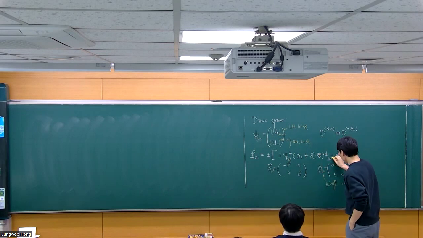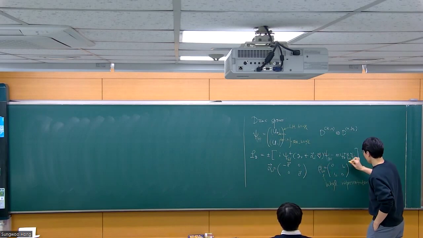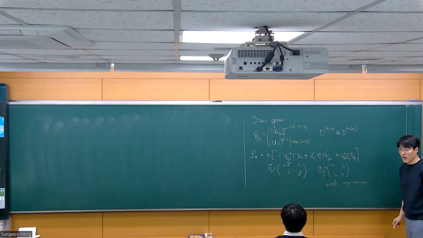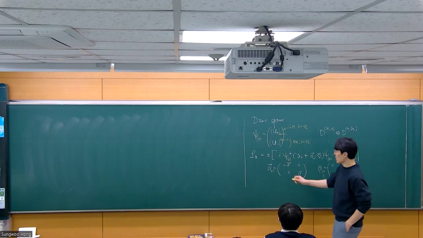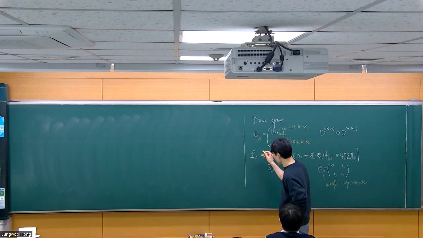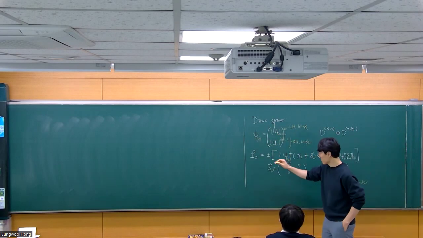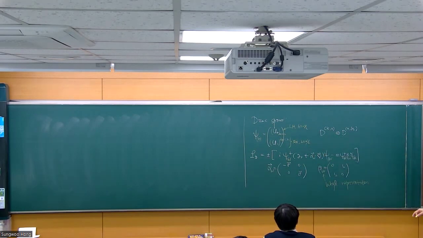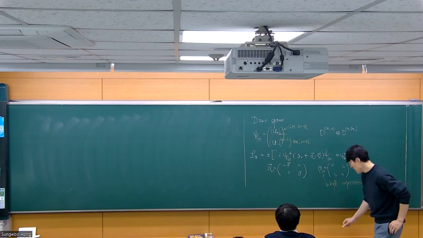So I'm in the W basis. Okay, good. Wait, this is for the really Dirac fermion. Okay, Dirac fermion I keep. Okay, so I'm in the Weyl basis of this group.